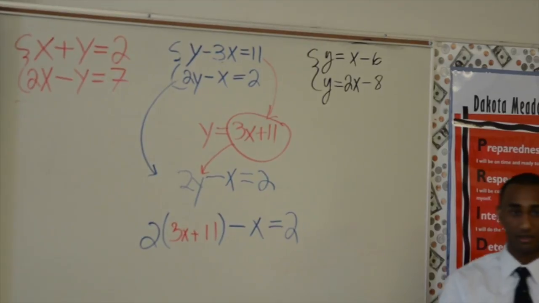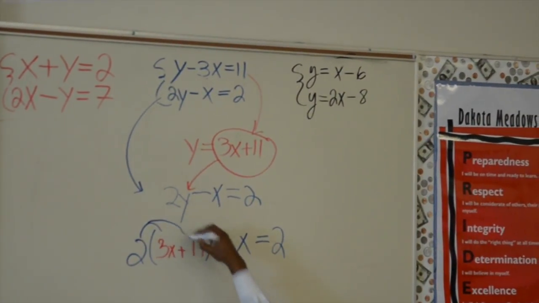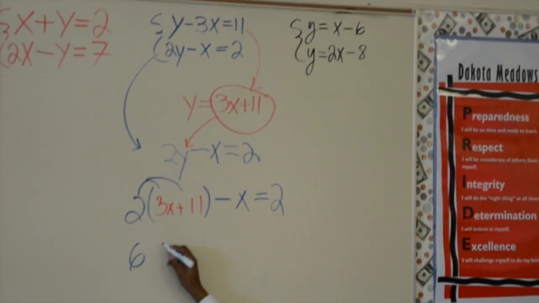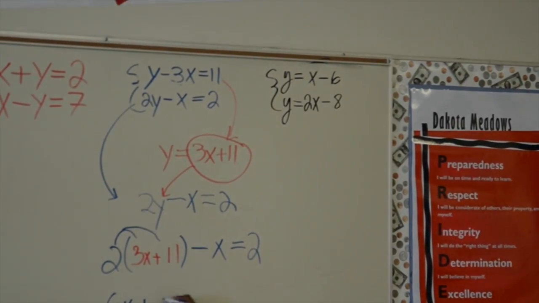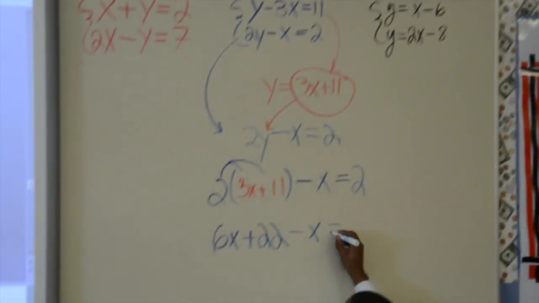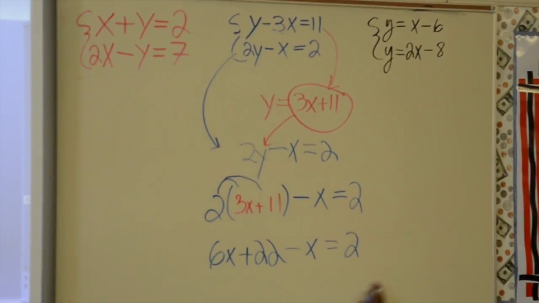Then after that, she says she distributed. So when she distributed, she got, what is 2 times 3? 6x plus 2 times 11 is 22 minus x is equal to 2, right? Then you solve for x, right?